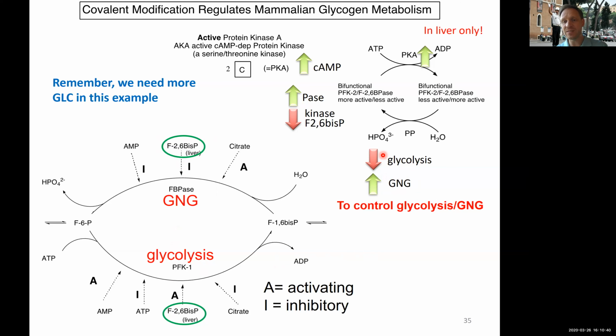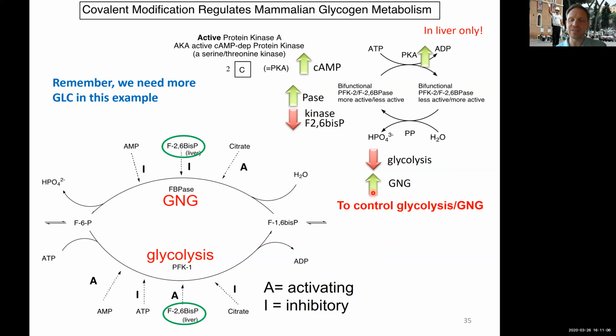Why this makes sense is, right, we want to make glucose. So in addition to the glycogen breakdown, we're activating gluconeogenesis in the liver to release even more glucose for our system, and we're decreasing glycolysis. There will be some glycolysis happening for the energy metabolism of the liver alone, right? But we are favoring gluconeogenesis to bring about the production of even more glucose.